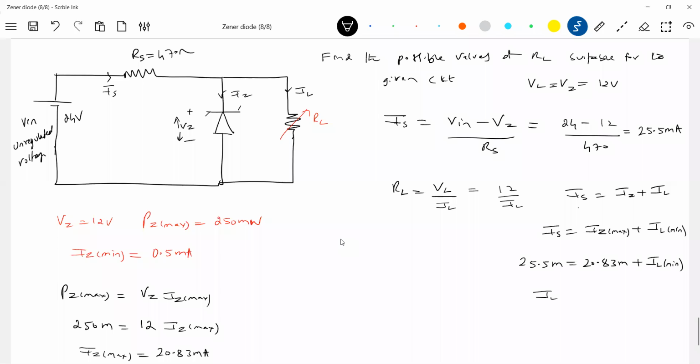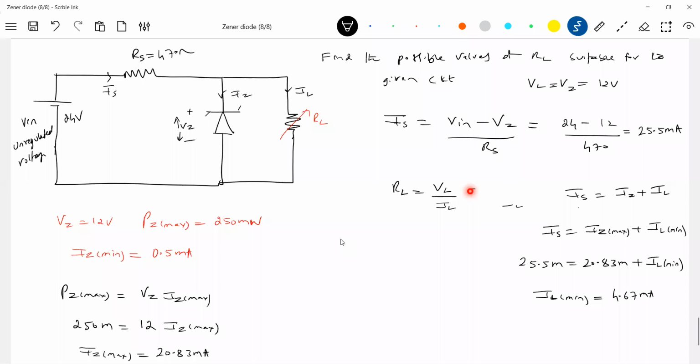Anybody value of IL minimum? 4.67 milliampere.